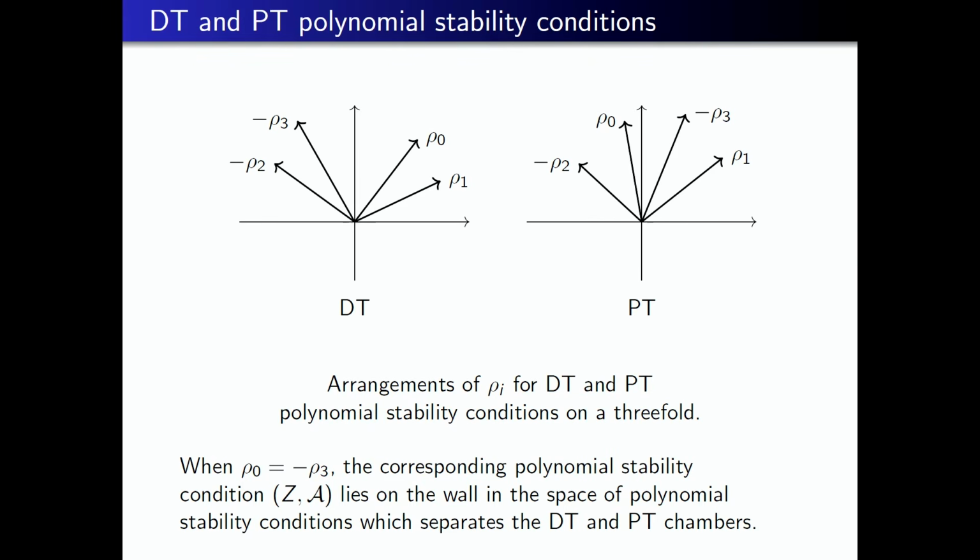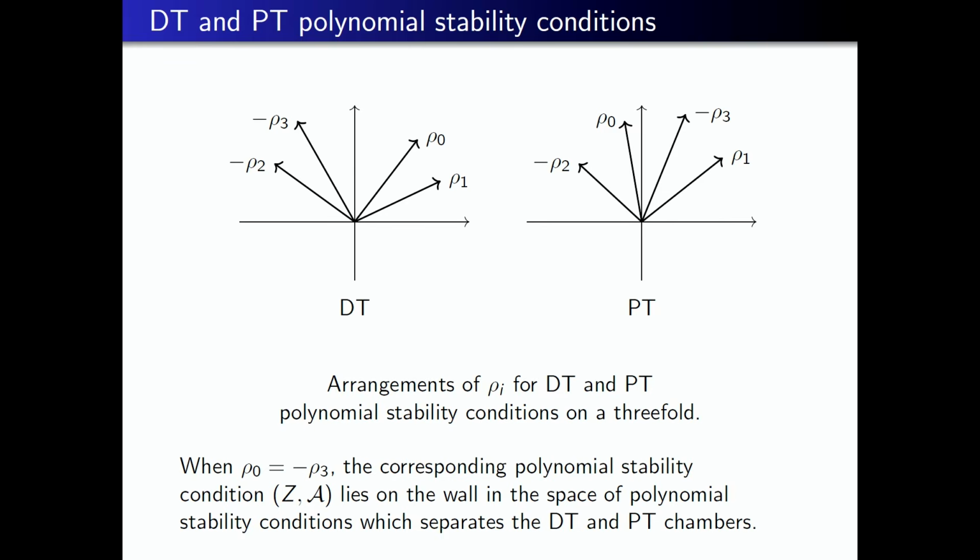And then DT and PT differ by the particular ordering of these rho as complex numbers. If you put the rho in this position, 1, 0, minus 3, and minus 2, essentially the difference is between 0 and minus 3. They are in inverted positions on one side and the other.